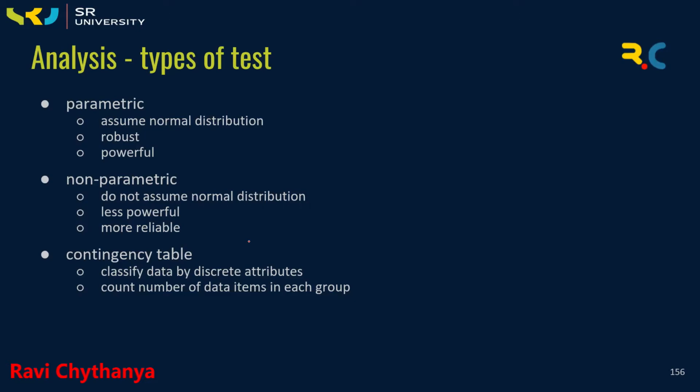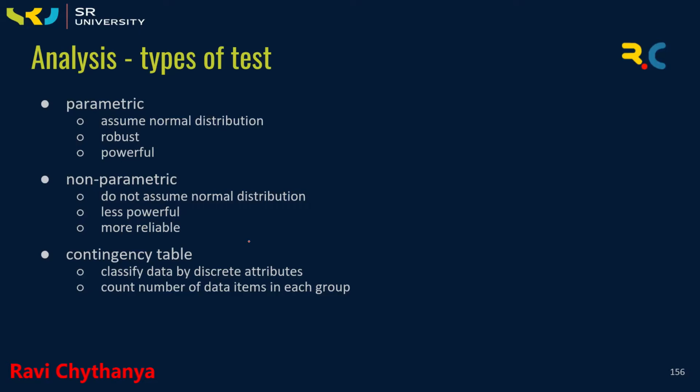Parametric assumes normal distribution, and is robust and powerful. Non-parametric doesn't assume normal distribution of the data, and it is less powerful, but more reliable. And the contingency table classifies the data by discrete attributes and counts the number of data items in each group.